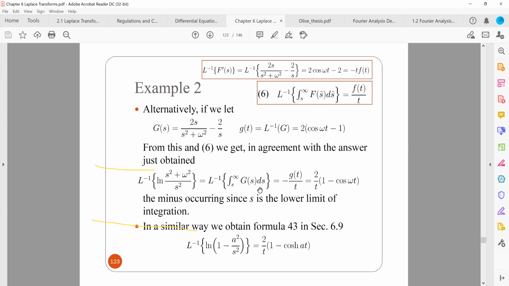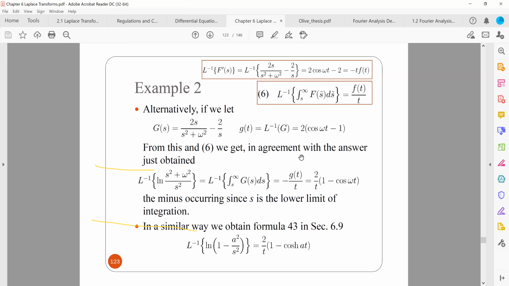And using the integration that we've just looked at previously, we know that the Laplace inverse of the integral of the Laplace transform is equivalent to getting some term g(t) over t. Before we had looked at f(t), this was F(s), but now it's G(s).